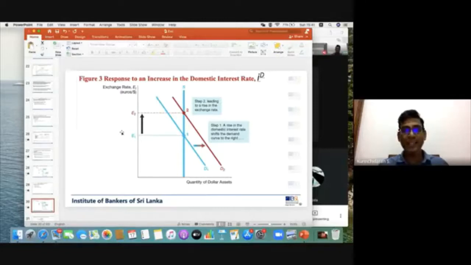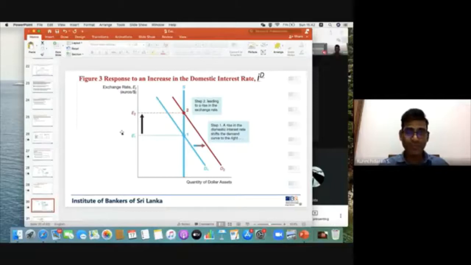When we say ID, that is the interest rate domestic. Here I have to remind you again, I'm just taking two countries based on the textbook, dollar and euro. So dollar is our domestic and euro is our foreign.